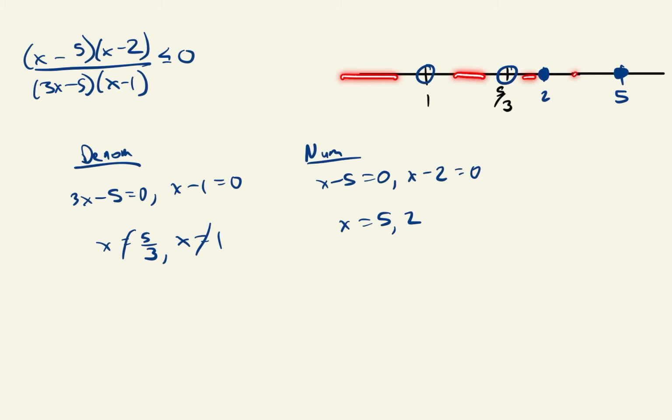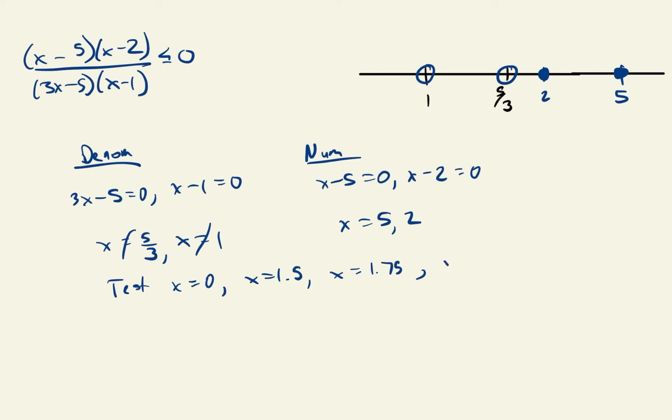We have 1, 2, 3, 4, 5 intervals to test this time. So let's see. To the left, I'm going to test 0. That's my favorite number to test. In between these two values, I'll test 1.5. In between these two values, I'll test 1.75.